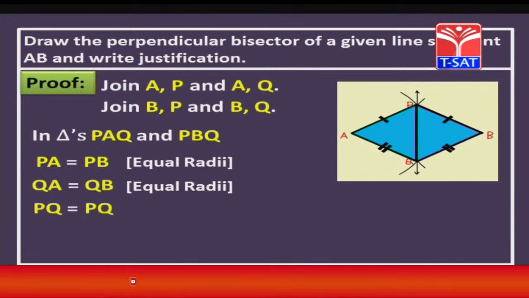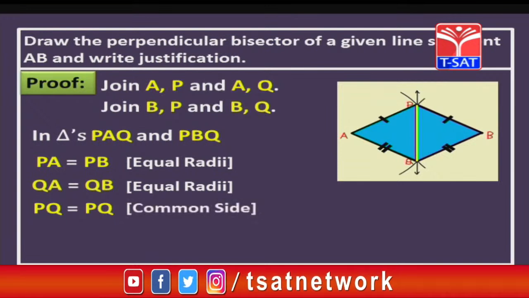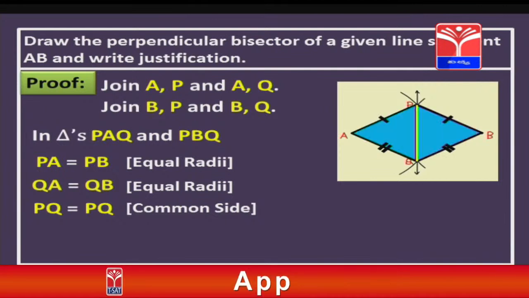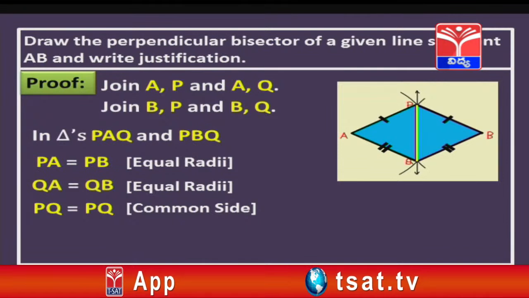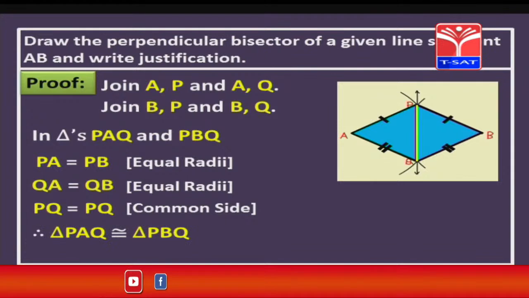Now, if you notice, PQ is the common side for both the triangles, that is PAQ and PBQ. So, I can write the reason as common side. If you notice these two triangles, that is PAQ and PBQ, three sides of one triangle are respectively equal to three sides of another triangle. What can we say, children?